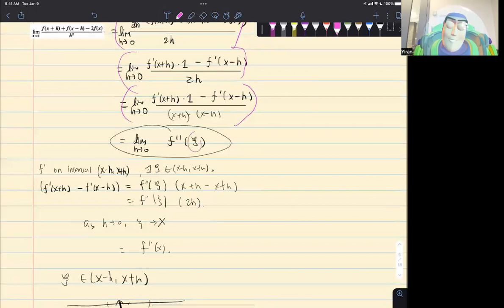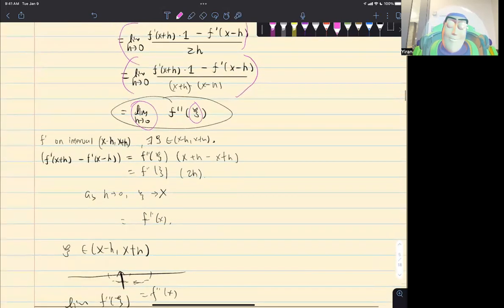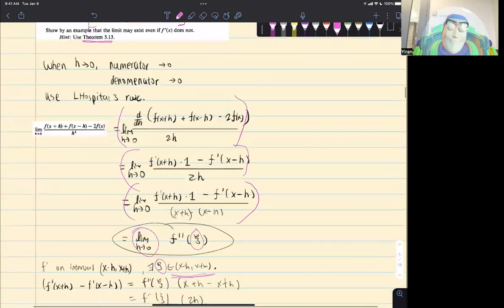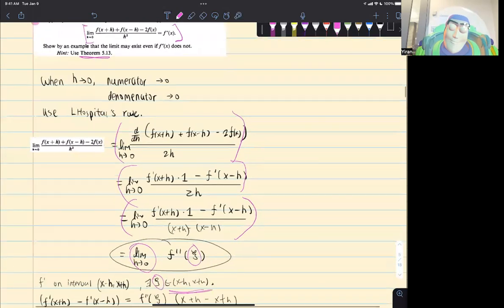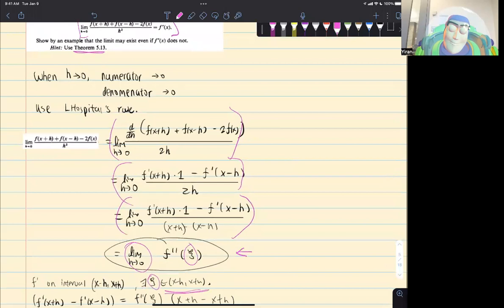There exists c between x minus h and x plus h, and then we have the limit as h converges to 0. Because c is in this interval, as h converges to 0, c must converge to x. Therefore, this is just equal to f double prime of x.